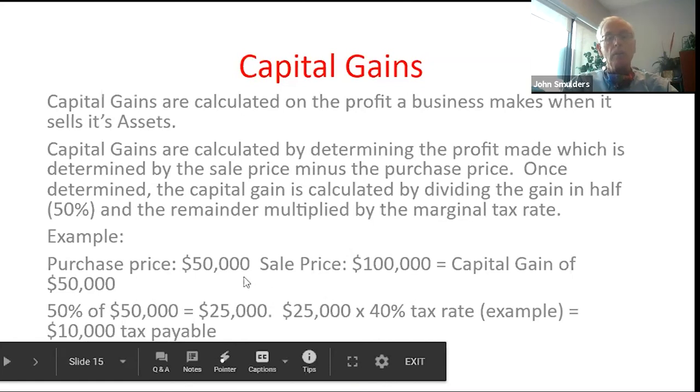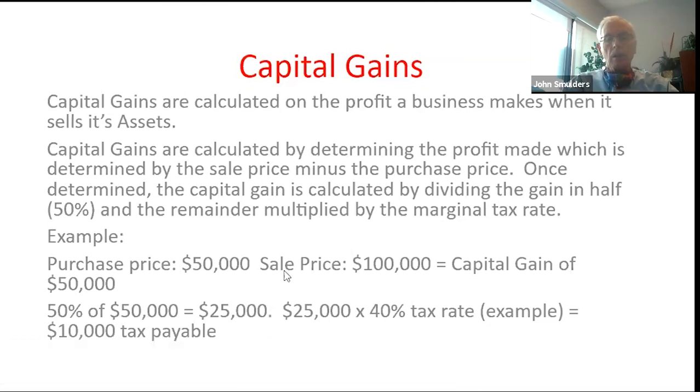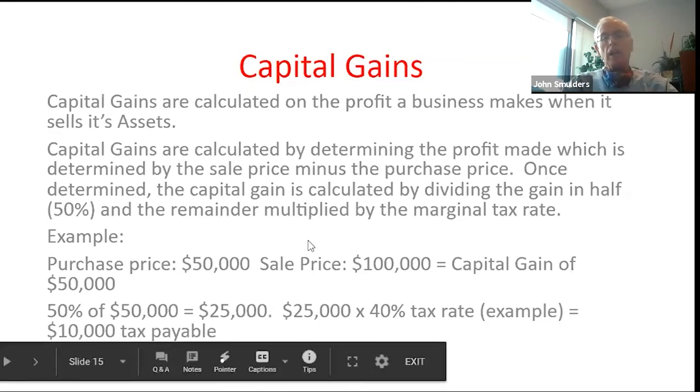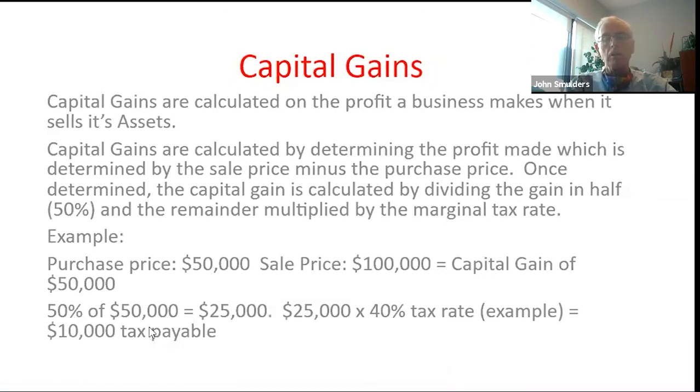Okay. If they purchased it for 50,000 and the sale price was 150,000, their capital gain would be 100,000. They probably would have to pay about $20,000 in taxes, roughly speaking, just ballpark, just trying to show you how it works.